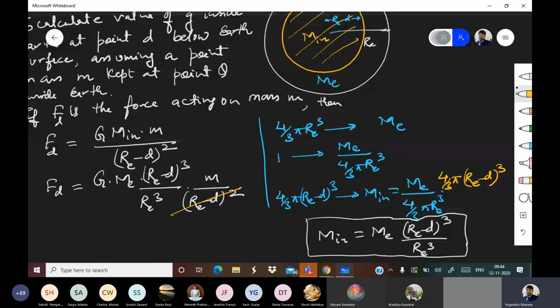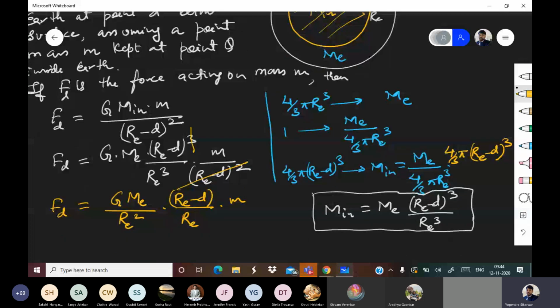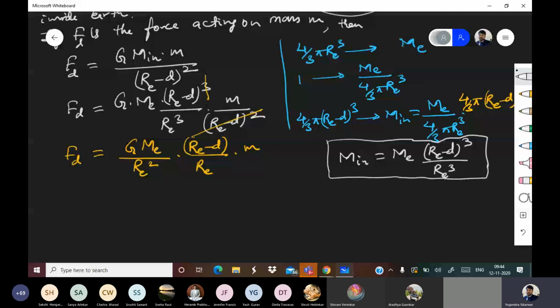Pay attention. This is going to cancel this. So Fd comes out to be G ME upon RE square into (RE minus d) upon RE into m. So this is Fd, and g at depth d will be Fd by m.